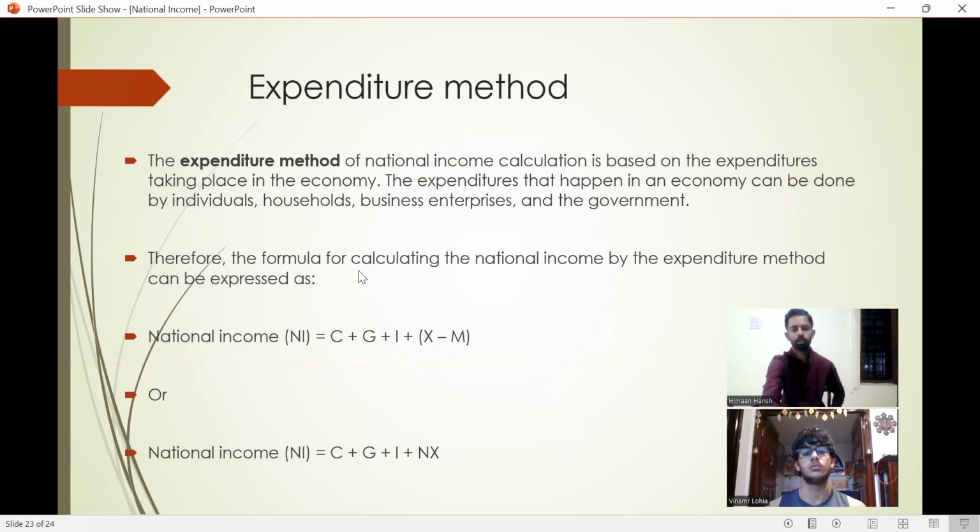Therefore, national income by the expenditure method is C plus G plus I plus X minus M, where X minus M is net exports. C is consumption, and G is government expenditure.